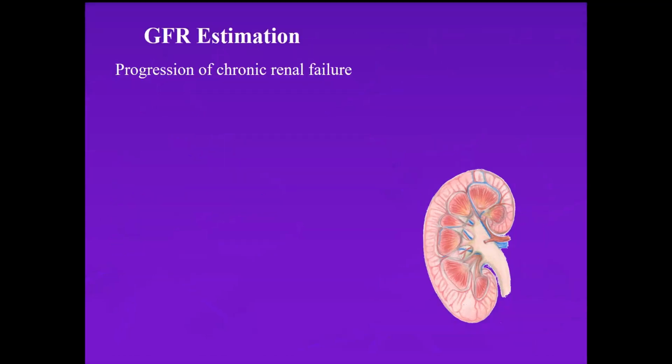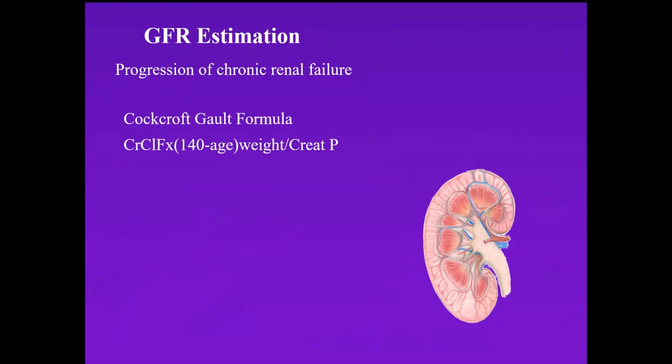GFR estimation is usually used in the chronic setting, not in the acute setting. It's for monitoring the progression of chronic renal disease. Historically, we used the Cockcroft-Gault formula, which was a bedside formula, and became controversial when using a factor for whether the patient is black, female, male, those kinds of things.